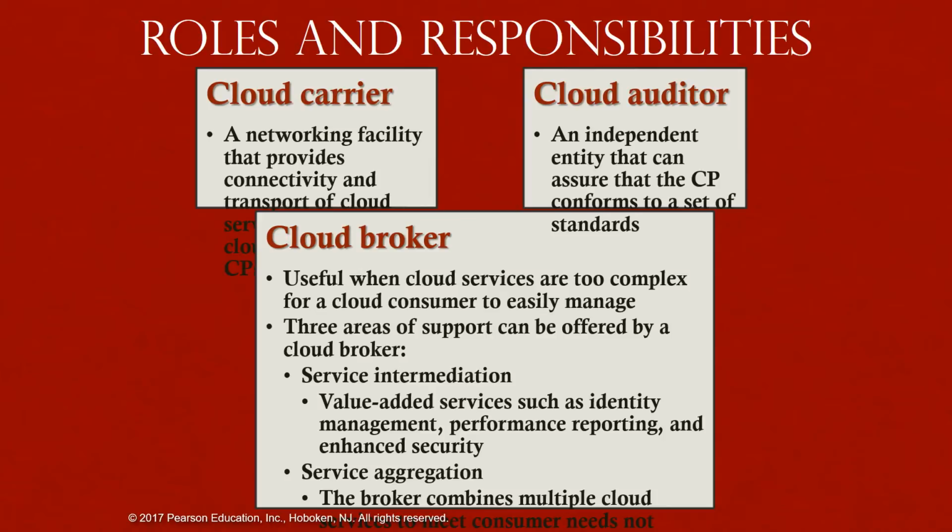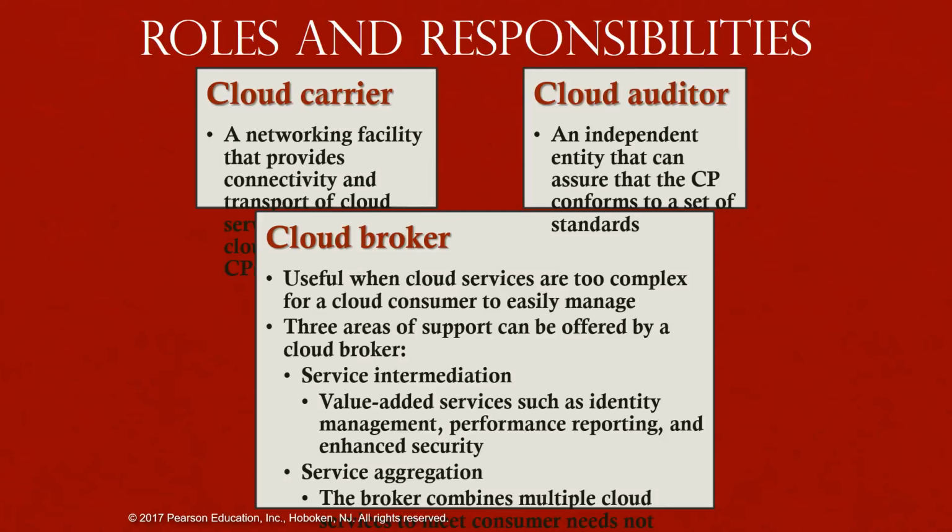Service arbitrage. This is similar to service aggregation, except that the services being aggregated are not fixed. Service arbitrage means a broker has the flexibility to choose services from multiple agencies. The cloud broker, for example, can use a credit scoring service to measure and select an agency with the best score.